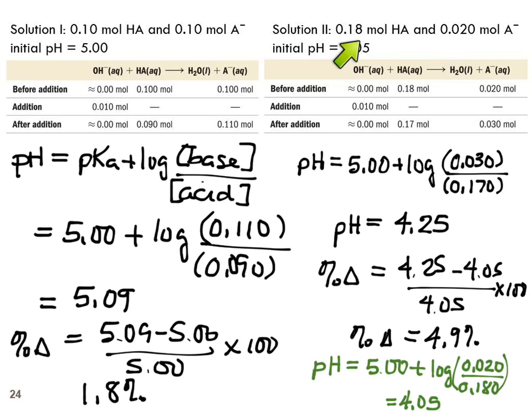And the fact that it's not equal means that adding the same amount of base, we get a much larger percent change in the pH. So buffer 2 is not as effective as buffer 1. The effectiveness depends partly on the relative amounts of acid and base. You get your best buffering capacity or effectiveness when you have equal amounts. Any questions?